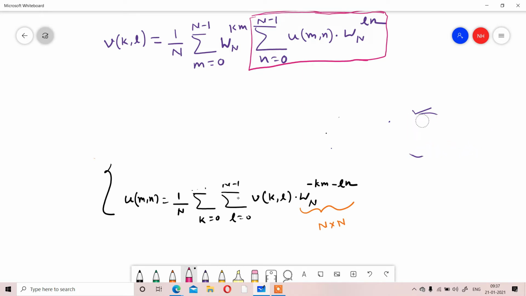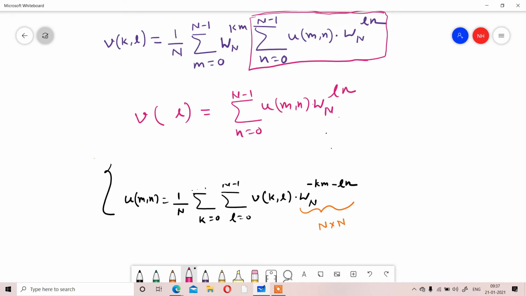V of L, so V of L is equal to summation n equal to 0 to n minus 1 u of mn Wn to the power Ln.